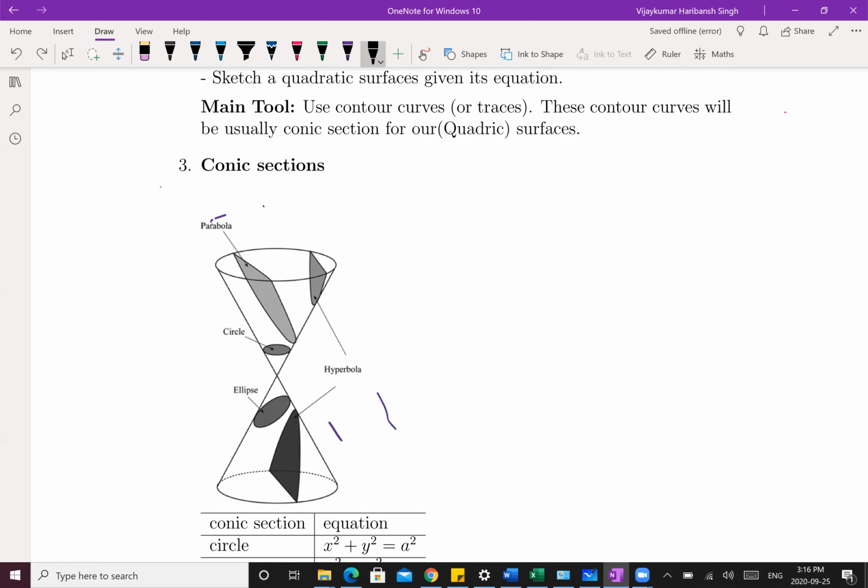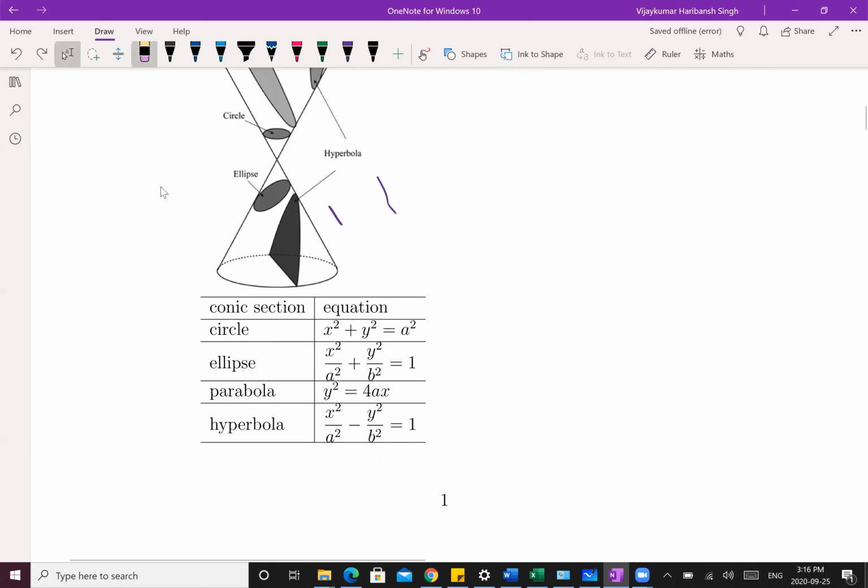They each have interesting shapes, and accordingly they have equations. So the first example of a conic section is the circle. A circle is obtained by cutting in a horizontal plane.